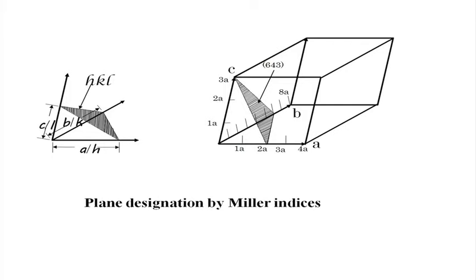That is what is shown here. This is the HKL plane. It intersects the a axis at a by h, the b axis at b by k, this is the distance, and along the c axis this is c by l. Okay, so that is what I explained here.